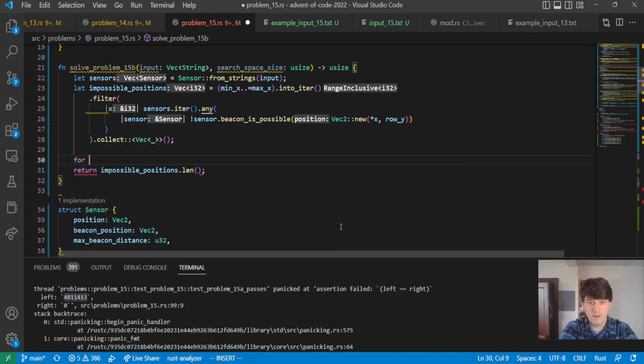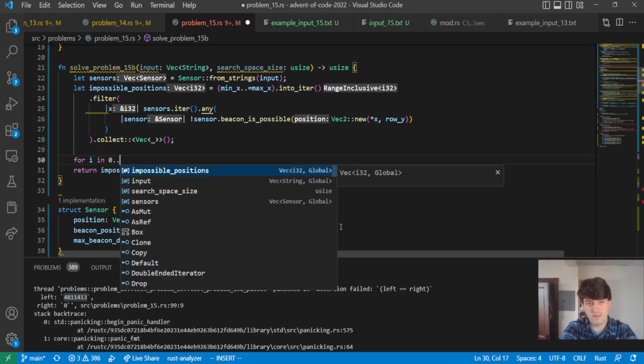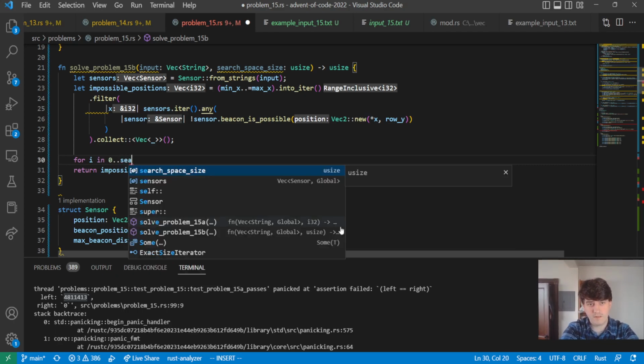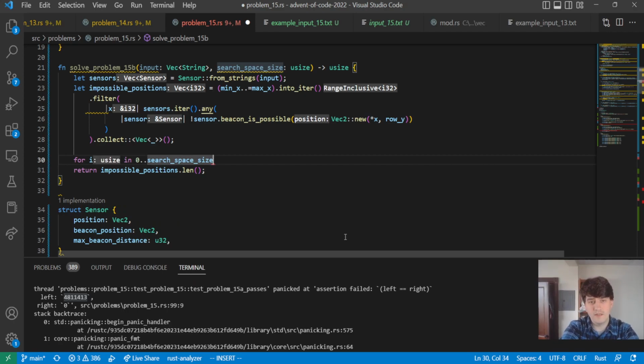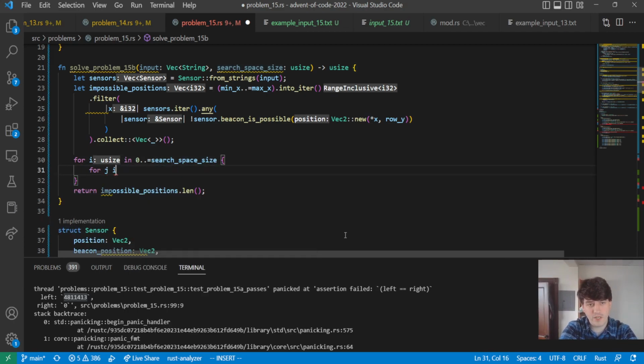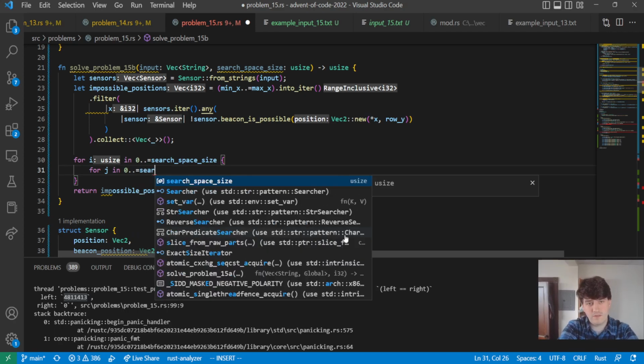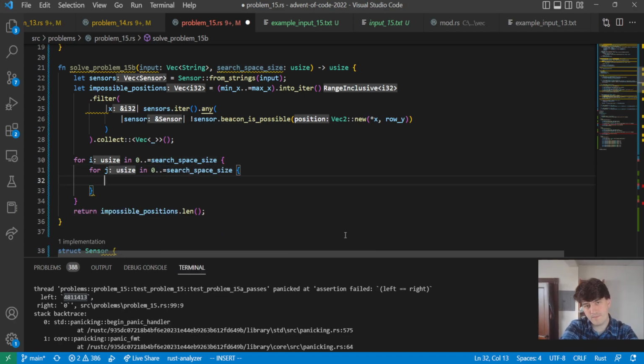So let's say for i in 0 to search space size inclusive, so plus 1. For j in 0 to search space size, and we want to match this, basically.